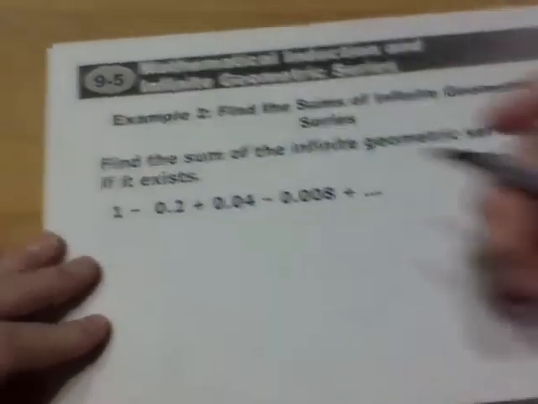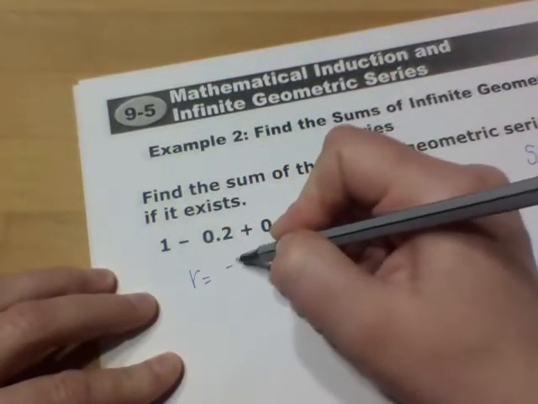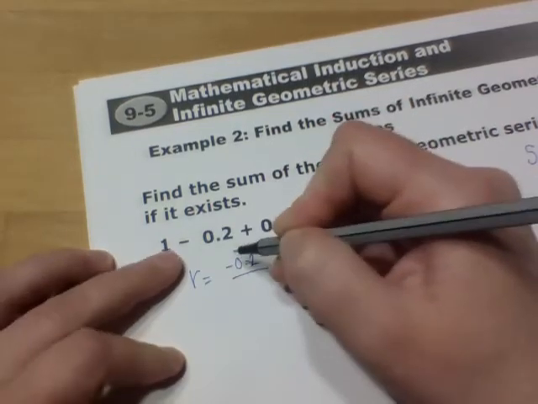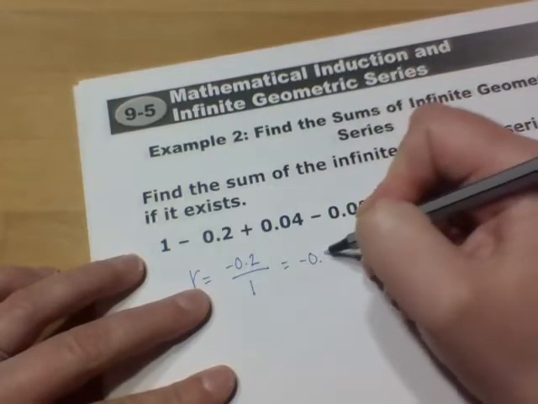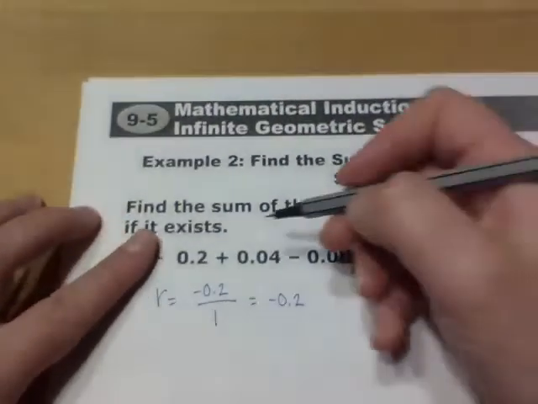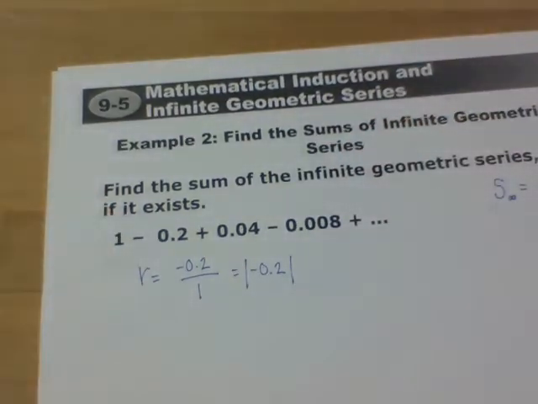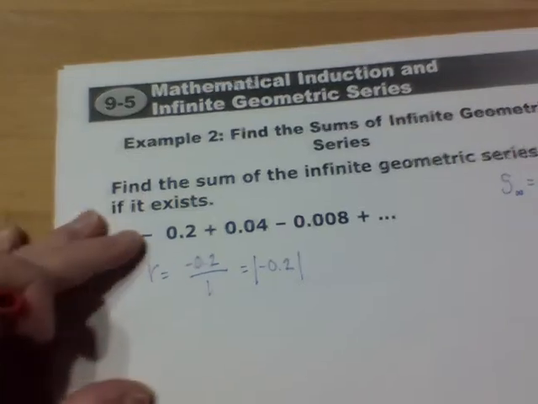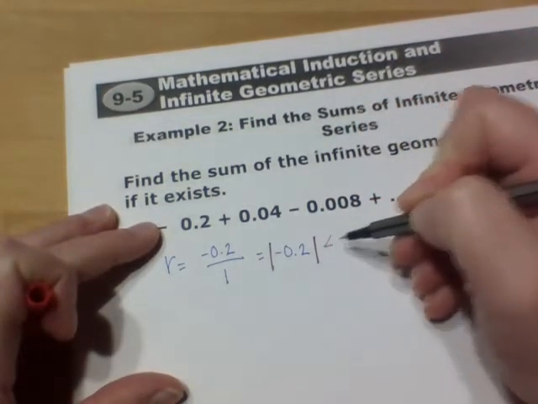So the first thing we'll start out doing then is finding R, and so that's going to take this negative 0.2 and divide it by a positive 1. And so clearly anything divided by 1 is going to be that same number. So this number here, its absolute value is going to be less than 1.